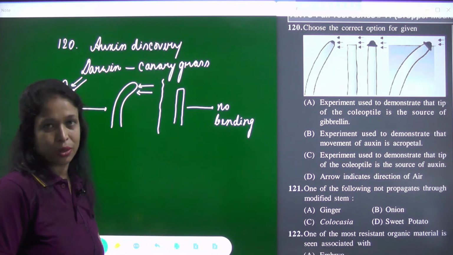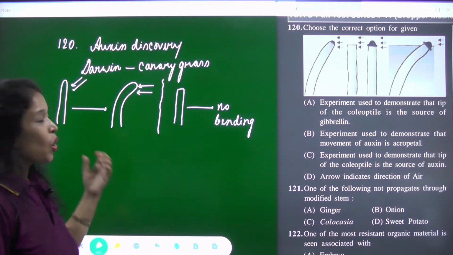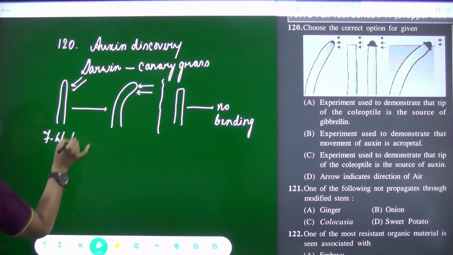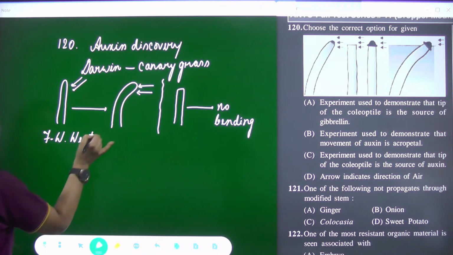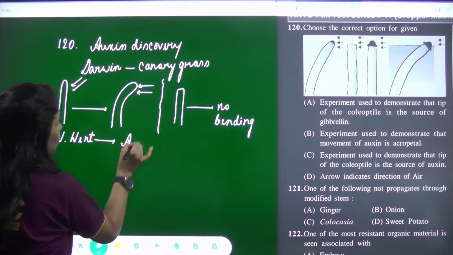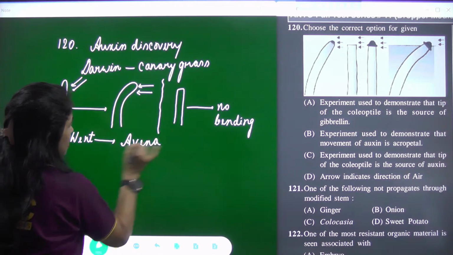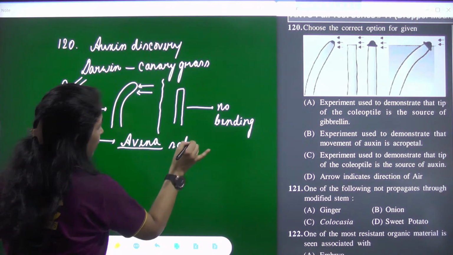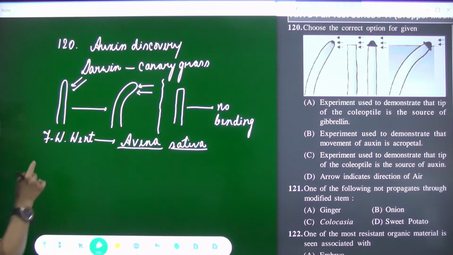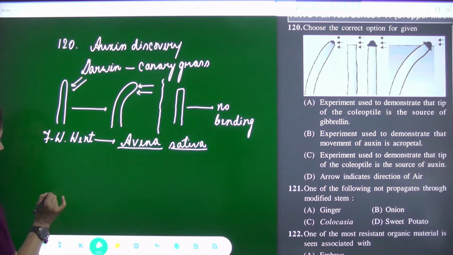Some type of growth substance is present at the coleoptile tip, which is responsible for this type of growth. Finally, auxin was isolated by the scientist Went in 1928 while he experimented on oat seedlings, scientifically called Avena sativa. In the Went experiment, this is the Avena seedling.